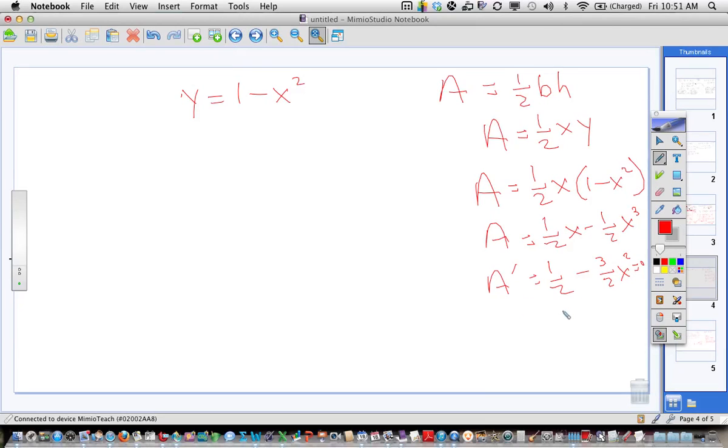So if that equals 0 times everything by 2, you'd have 1 minus 3x squared equals 0, and that would come out plus or minus root 2 over 3.